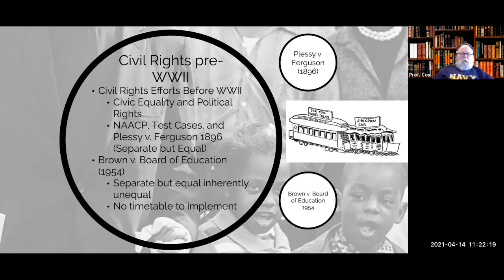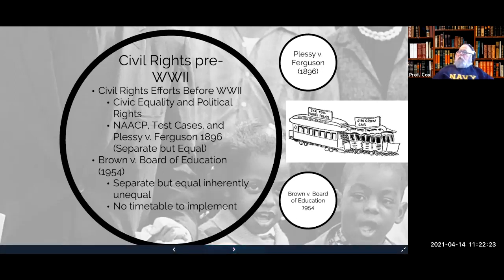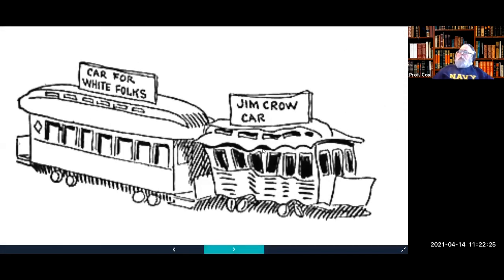You follow what I'm saying? Questions, comments about this? And this is the effect of separate but equal. You would assume both of the cars to look like this, or both of the cars to look like this, but separate but equal ends up like this. And it's not just in the railroads. It's in everything, public accommodations.